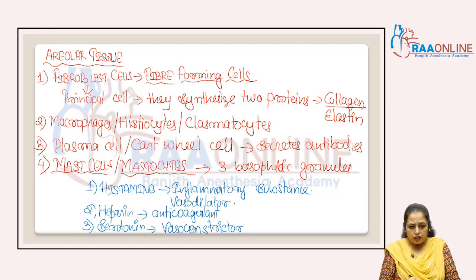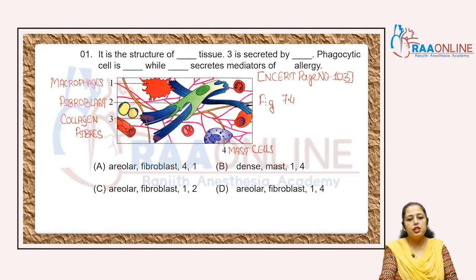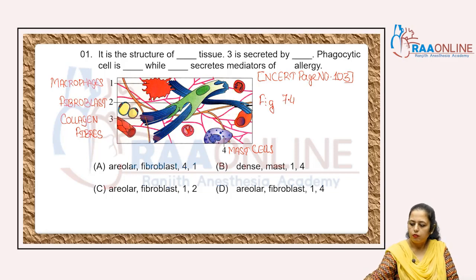So these kinds of cells are present in the areolar tissue, right? All these cells are present in the areolar tissue. Now, this is the structure of areolar tissue. 3, that is collagen fibers, is secreted by 2, that is the fibroblast, right?